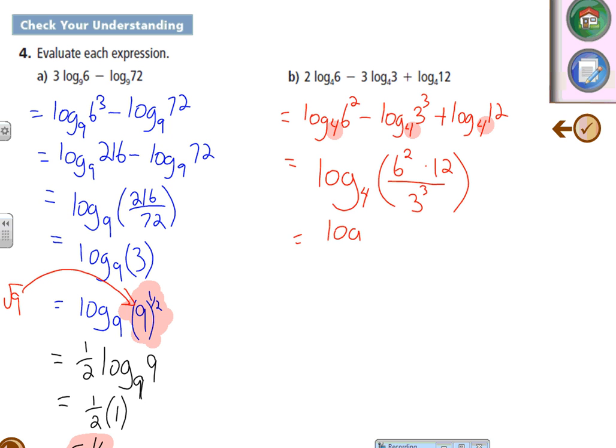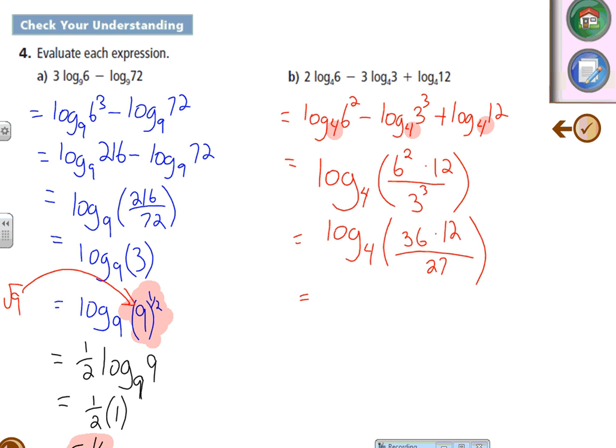And let's clean it up. 6 to the 2, that's 36, multiplied by the 12, over 3 cubed, that's 27. Okay, so 36 times 12 divided by 27.